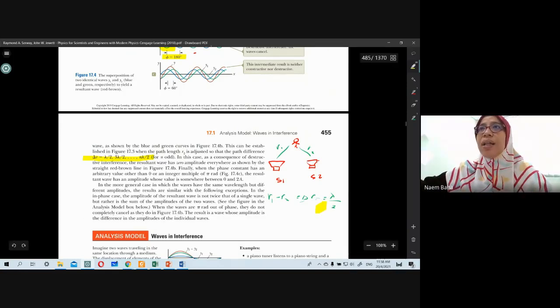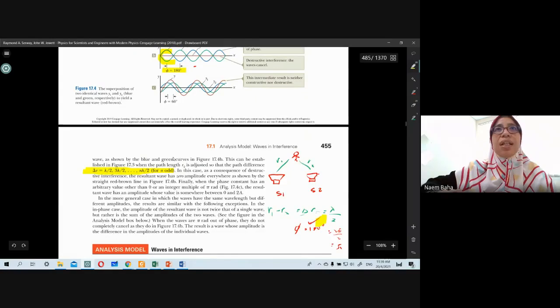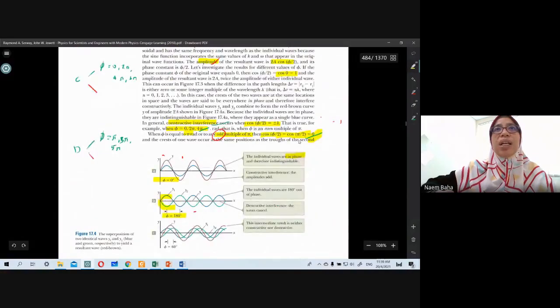This resembles the idea of phase difference equivalent to 180, where 2 pi is divided by 2, giving pi. Remember just now? So this is what the book is saying, and for odd, when this happens, this is a case where destructive interference occurs.